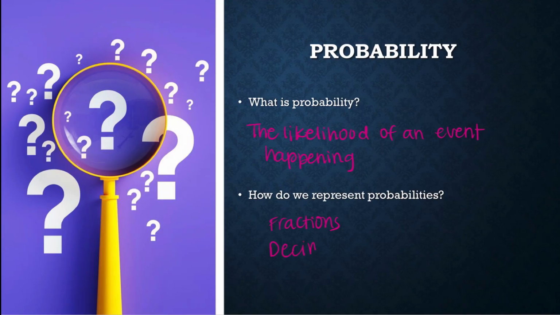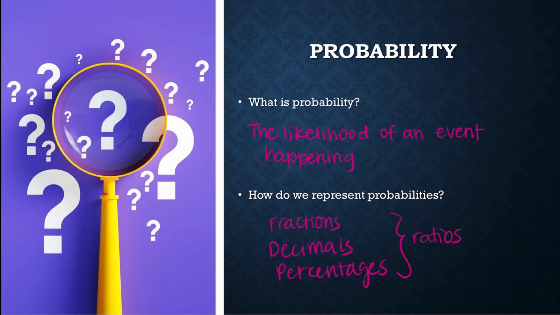decimals, and percentages, just like I was showing you earlier, just because these are the way we would represent ratios. This is a mathematical way of having ratios without having "out of" written down. We don't want to use extra letters if we don't have to. So these are the 3 ways we represent probabilities.